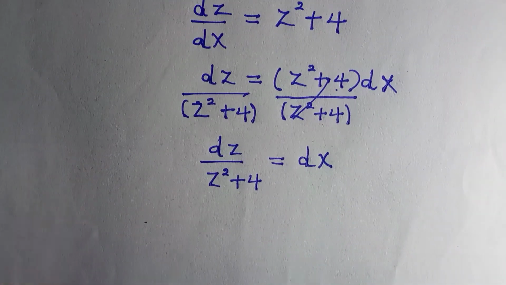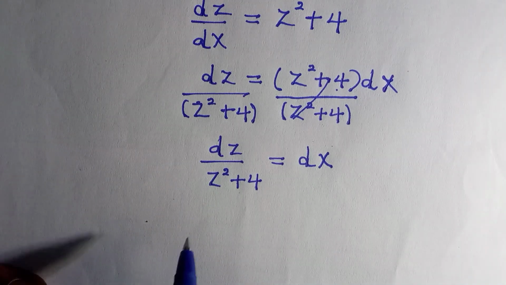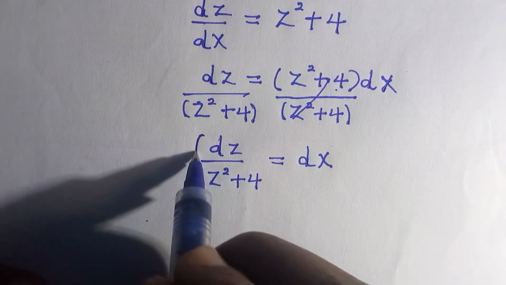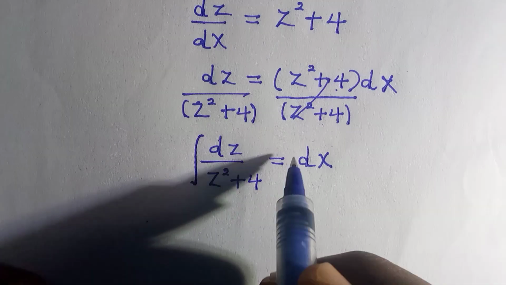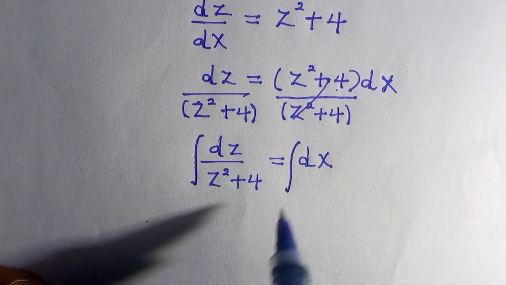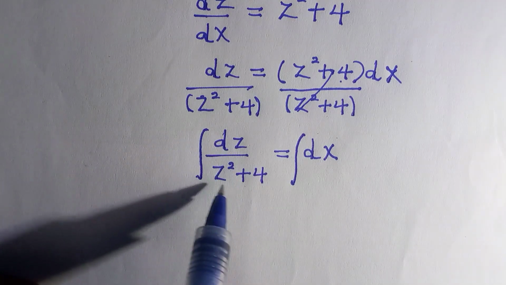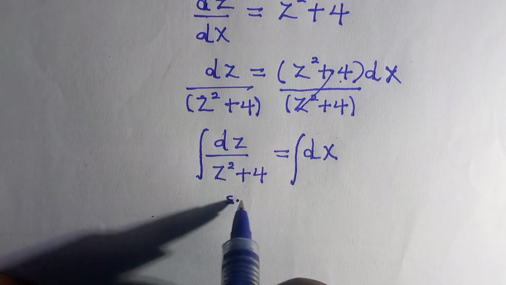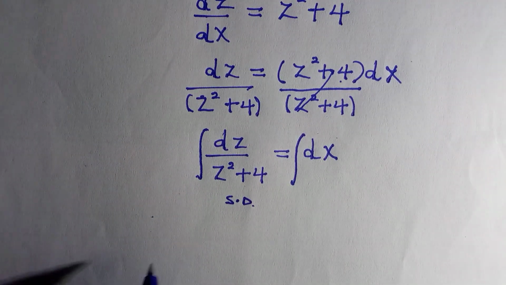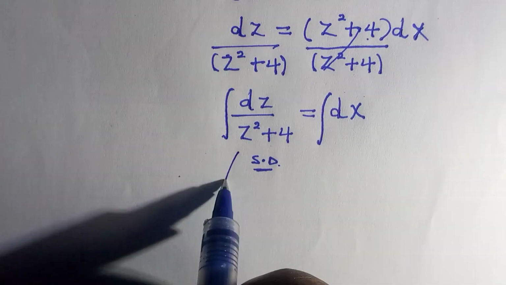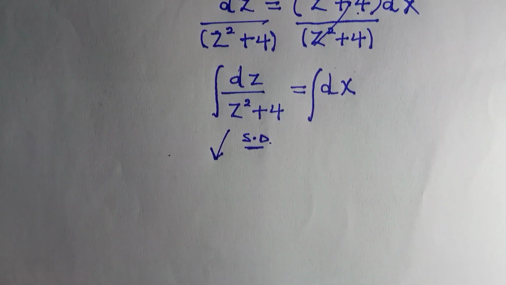we want to obtain the value of z only, so we take the integral of both sides. By doing that, we know that the derivative and integral cancel, but not here because we have a standard integral, which is 1 divided by z squared plus 4. But what should be the answer if you integrate this? So here is the trick.